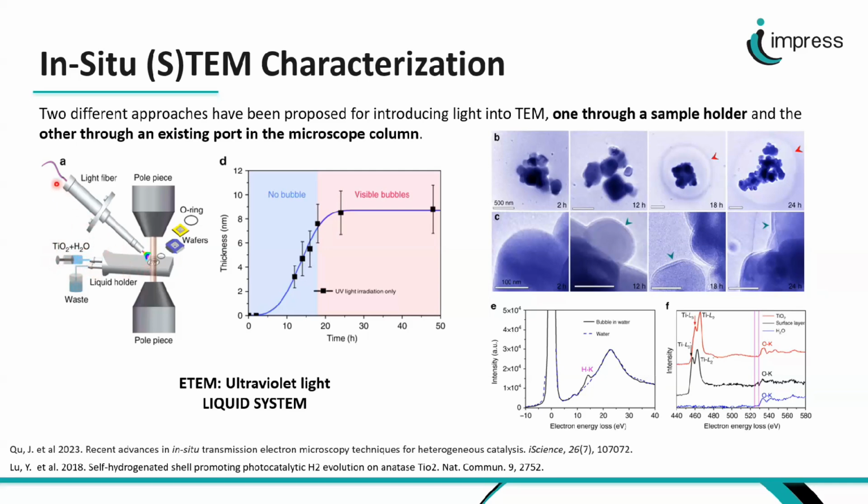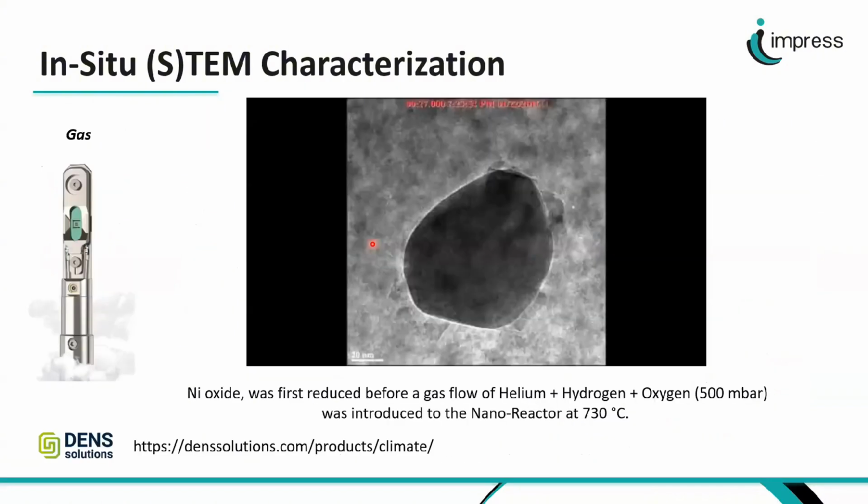And after applying some light, here you can see in dark how the material starts to form this titanium-3 layer on the surface, making the reaction more favorable and producing some bubbles, which confirm the hydrogen evolution reaction. And they also did some yield experiments to confirm this transition from titanium-4 to titanium-3.